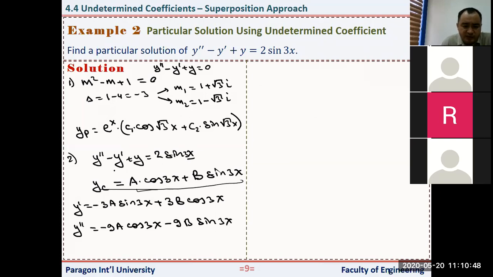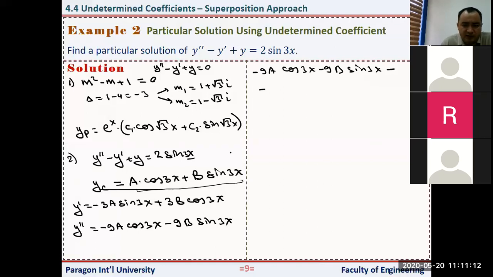So let's substitute here. If I substitute here, this one is what we have here, sine of 3x, minus 9a cosine of 3x minus 9b sine 3x, right? And minus, here we have y prime. What is y prime? It is equal to this.